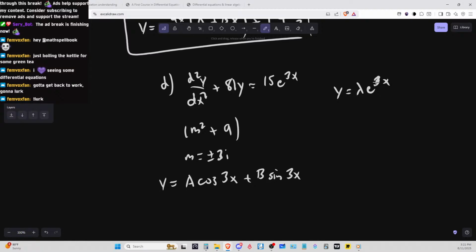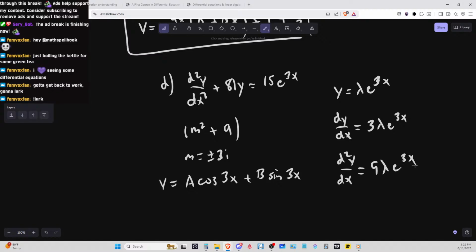I think that's how it's supposed to be. And now, if we take the derivative of that, that would make it 3 lambda e to the 3x, and then if we take the second derivative of that, that would be 9 lambda.